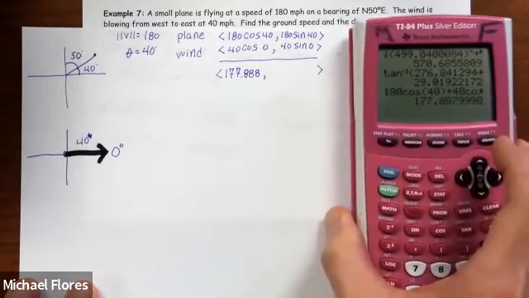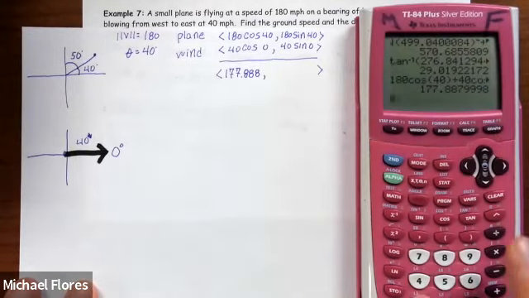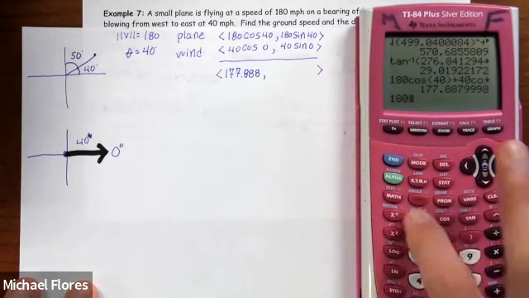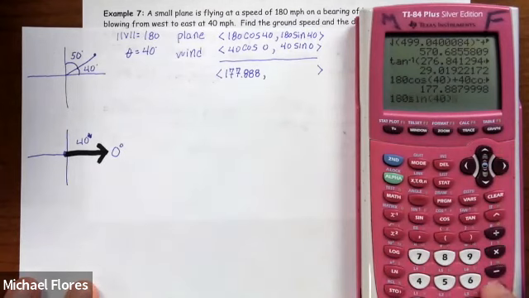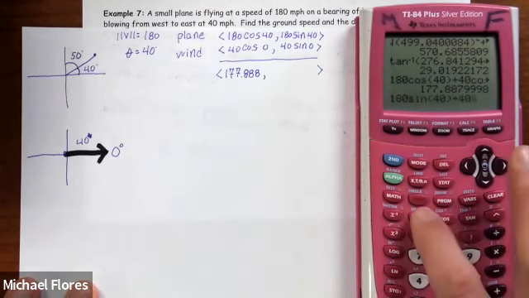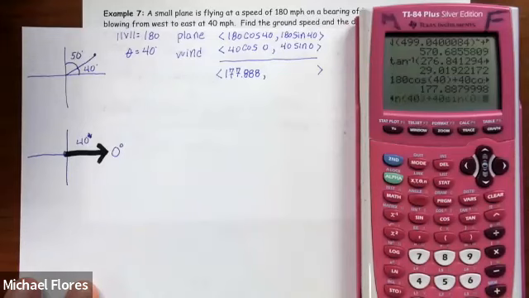And now let's add our sine with sine. 180 sine 40 plus 40 sine 0. 115.702.